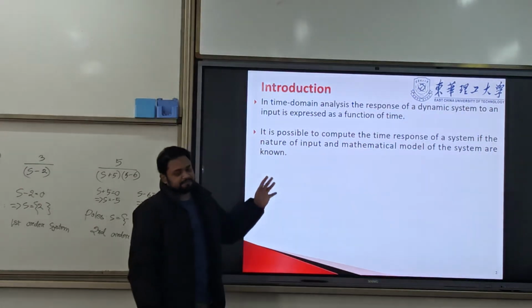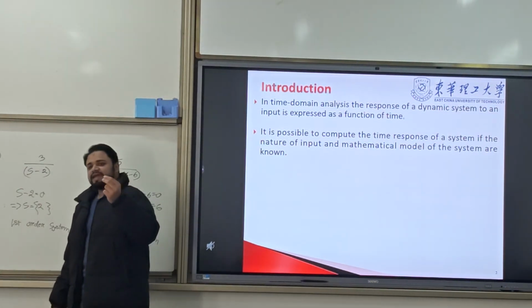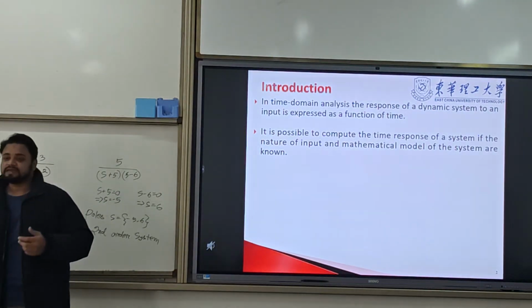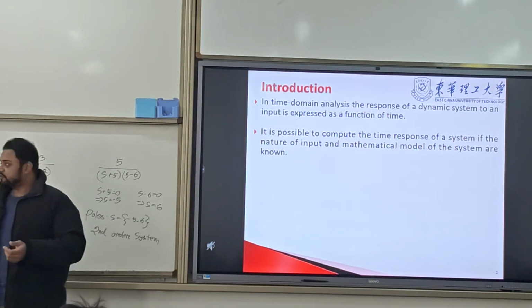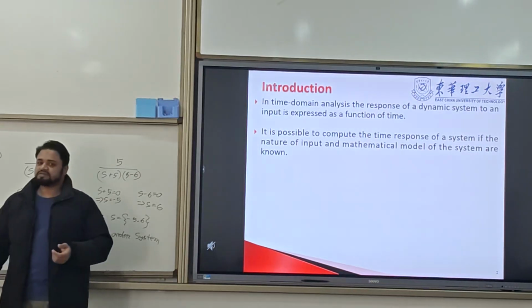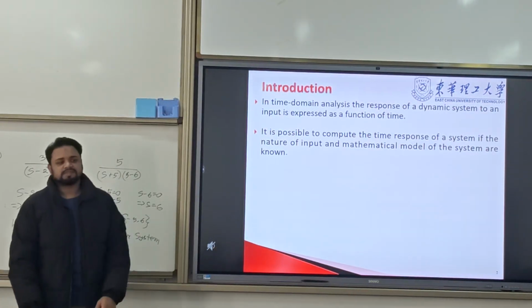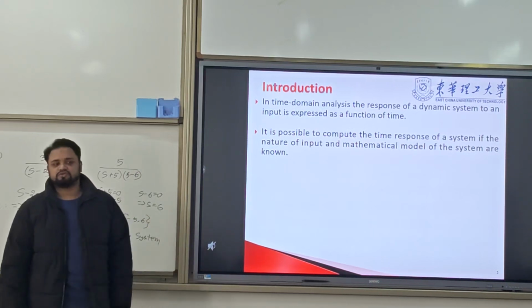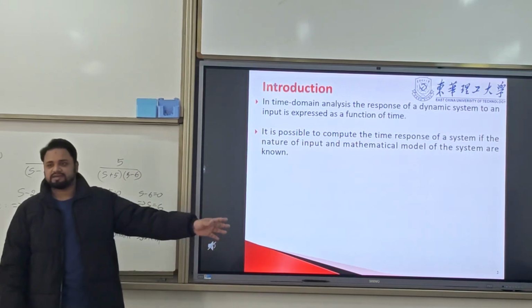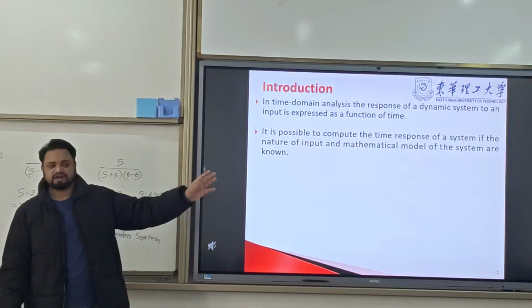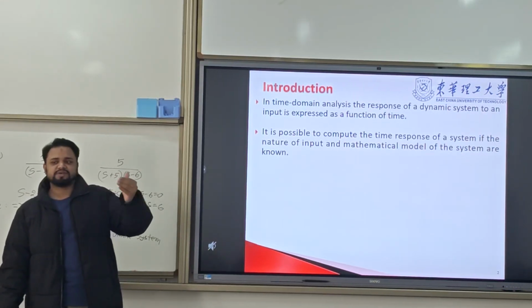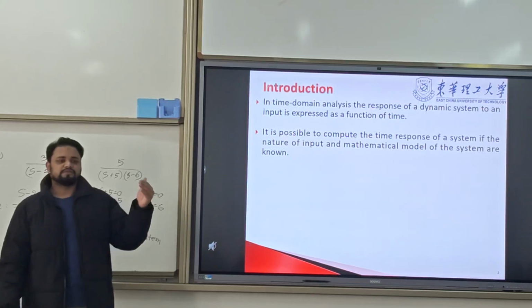Now, if we know the input x(t), and if we know the system, meaning the mathematical modeling, then we can easily find out y(t), because we already know how to do the mathematical modeling. We had the chapter before where we discussed how to write the different mathematical equations from a system.